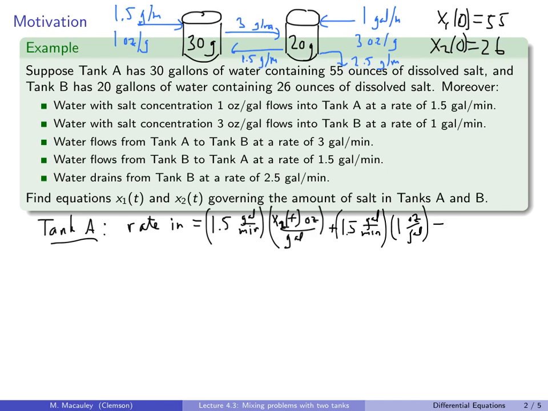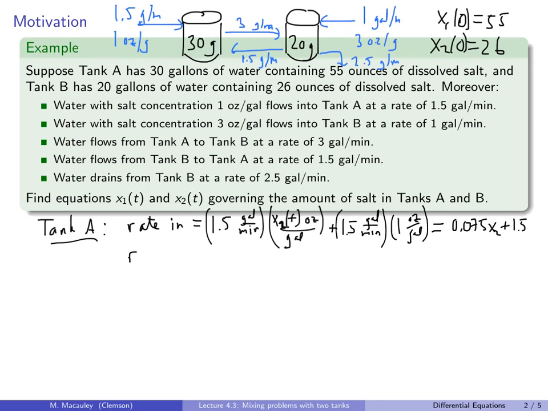So if you multiply this out, this is 0.075 x2 plus 1.5. That's the rate in to tank 1.